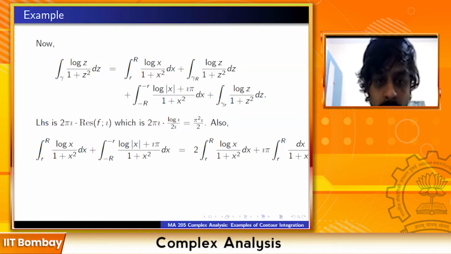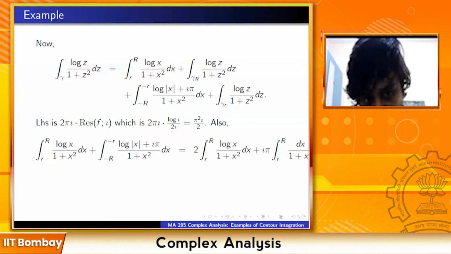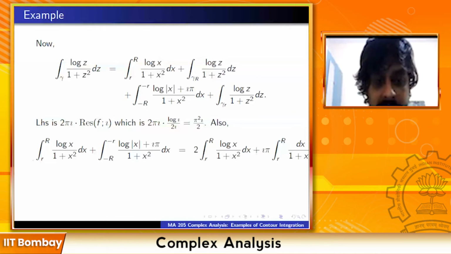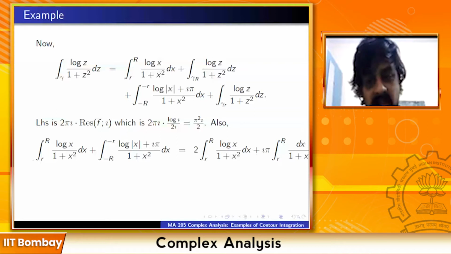Define y equal to minus x, so you get i pi upon 1 plus y square, integrated from capital R to small r, into minus dy. To absorb the minus sign you reverse the ends of the integral, and you will be integrating from little r to capital R instead. So this is just simple manipulation. Just think about it.